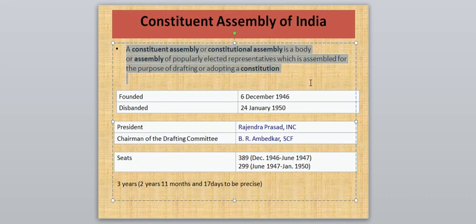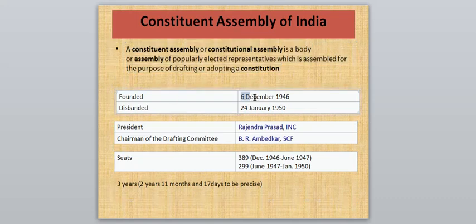Now, the drafting of the document called the constitution was done by an assembly of elected representatives called the Constitutional Assembly. This Constitutional Assembly of India was founded on 6th December 1946. The first meeting was started on 9th December 1946.